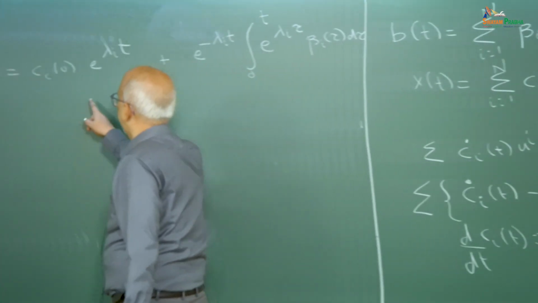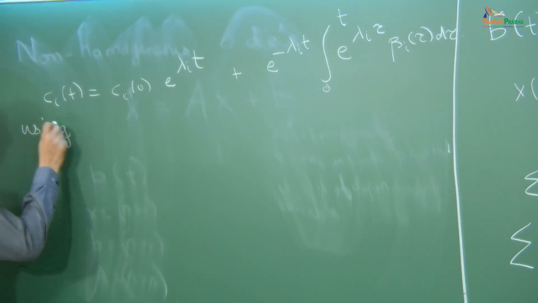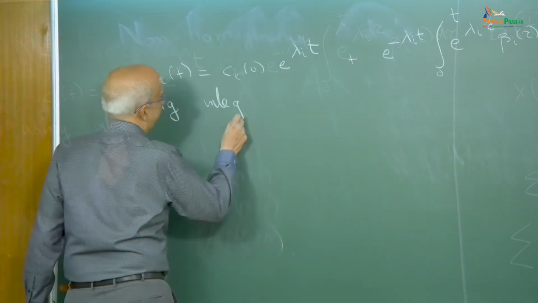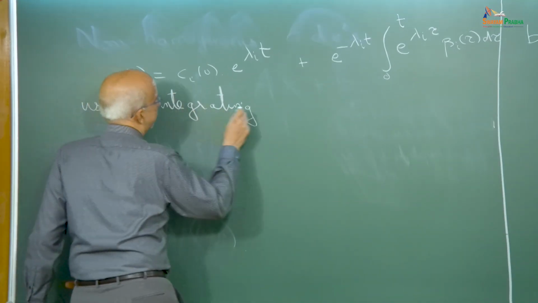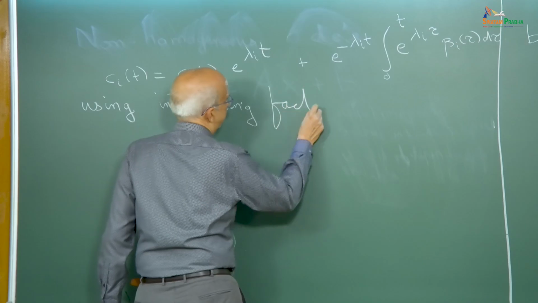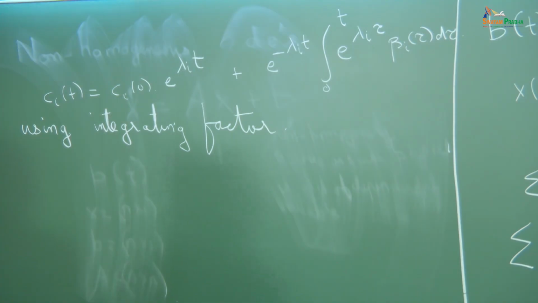Okay. How do we get this? Using integrating factor. Okay. So, I am not going to explain how you get the solution using integrating factor, because you know how to do using integrating factor.